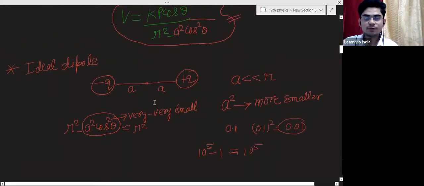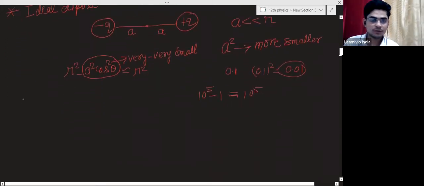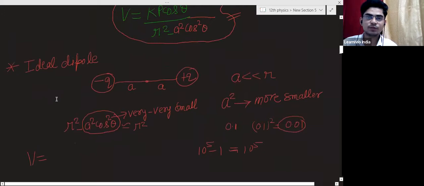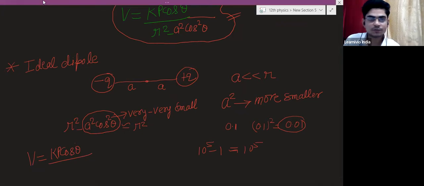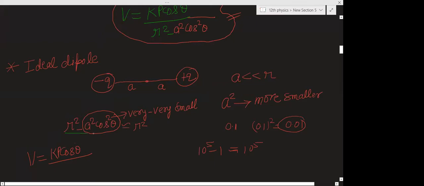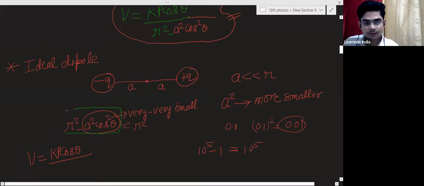So for an ideal dipole, what will be the value of potential? Potential will be k into p cos theta divided by, what will come here instead of this? r square. Instead of this, I will put r square.